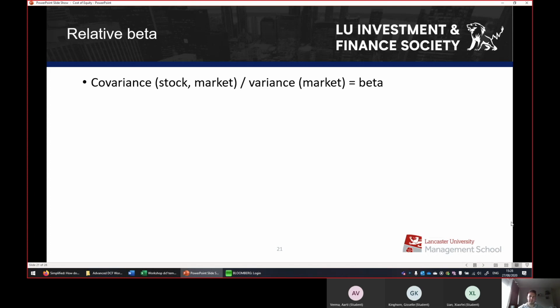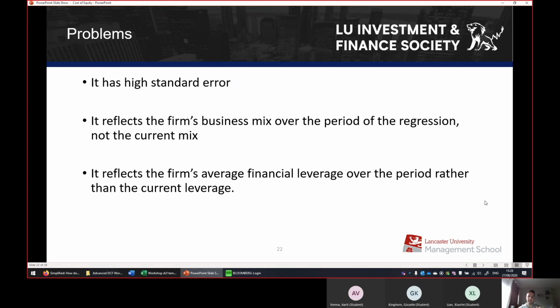Now, the traditional way of finding out the beta, or how you have learned it, is the covariance over the variance. So the covariance between the market and the stock divided by the variance. That's how we usually get told how to calculate beta. The problem with this is, as I mentioned before, with historical data, it's a high standard error. There's a lot of noise in historical data, and you're basically focusing on just the time of the regression.